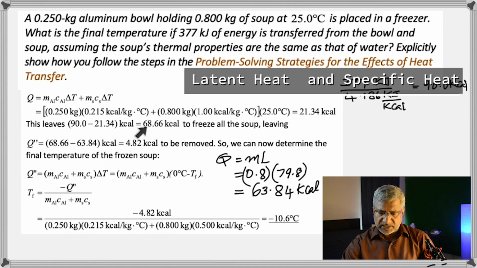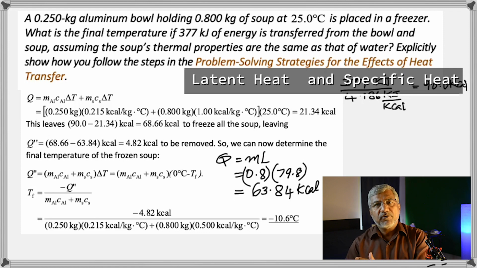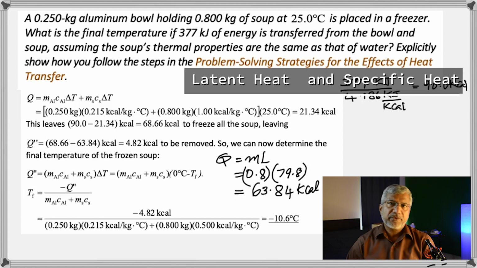So we have 68.66 remaining, out of which 63.84 is gone in order to freeze the soup, which gives us 4.82 kilocalories. Okay, so using this 4.82 kilocalories, both the container and the soup will be further cooled from 0 down.